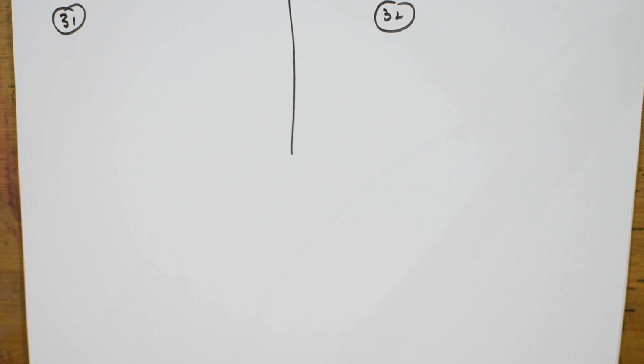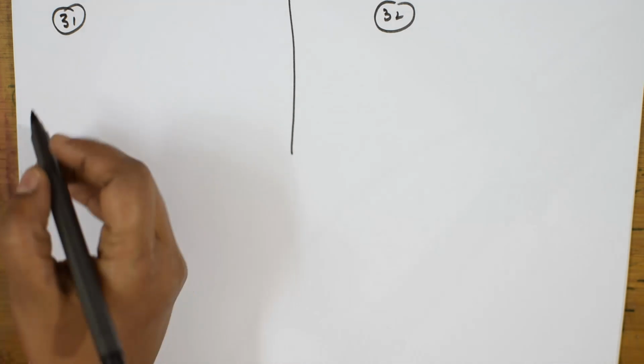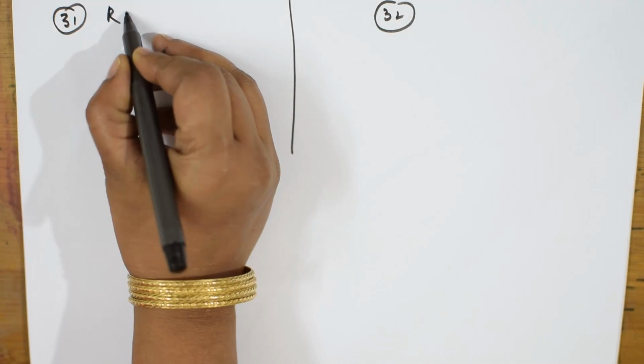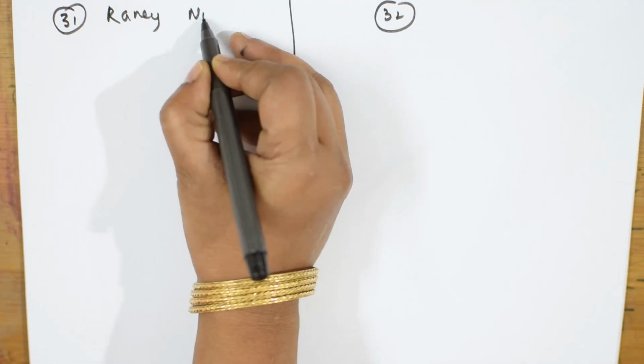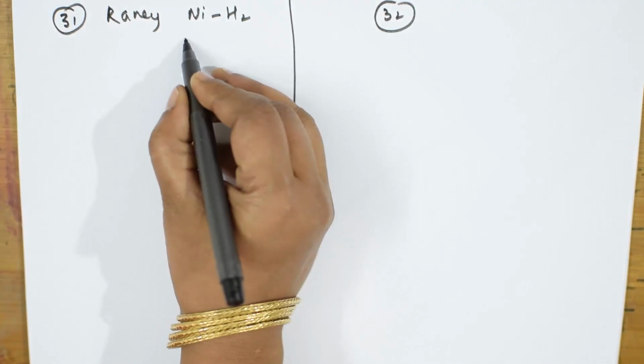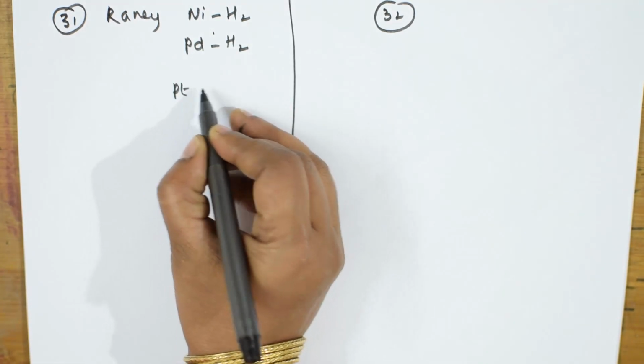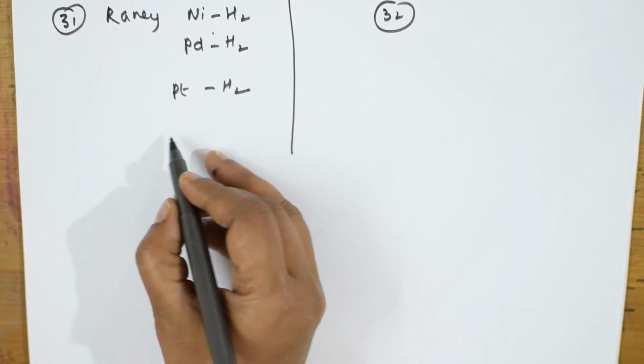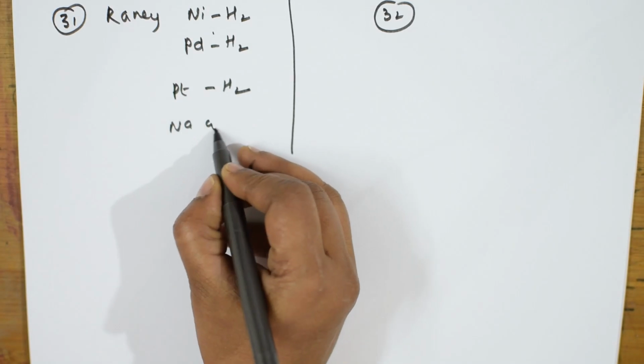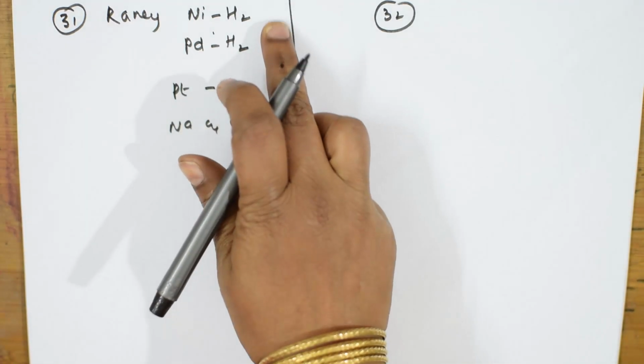Now the next important reagent which you have to remember. Suppose in the exam paper, you see any of these reagents like Raney nickel in the presence of hydrogen, or palladium in the presence of hydrogen, platinum in the presence of hydrogen, sodium and alcohol. All these are reducing agents.